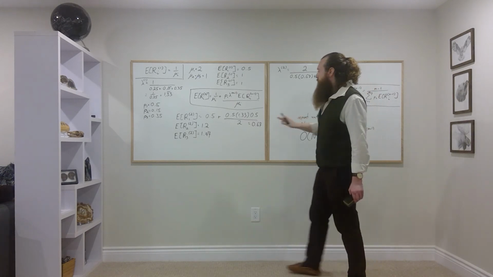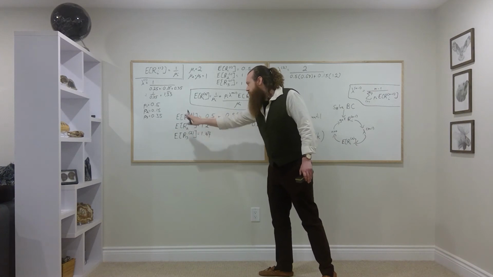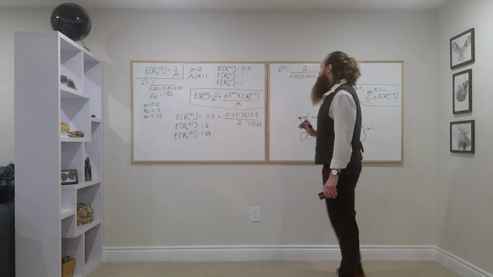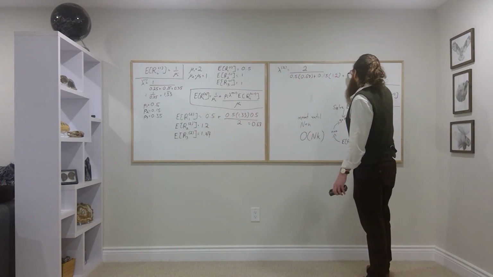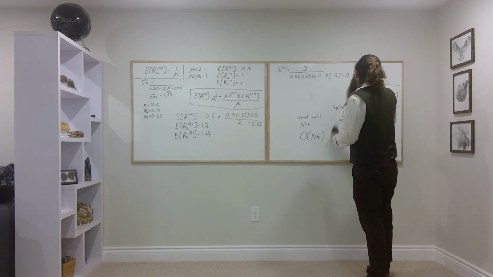Again, double check my math here, but you get the general idea how you would solve these things. And then the last one, 0.35 times 1.47.